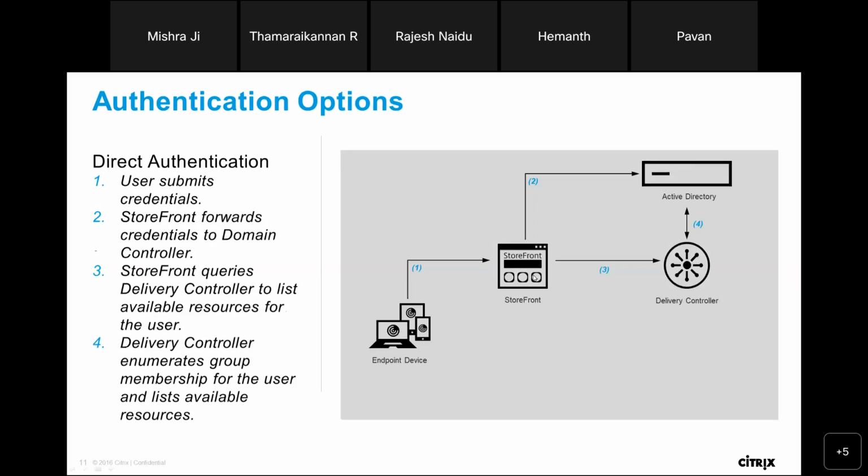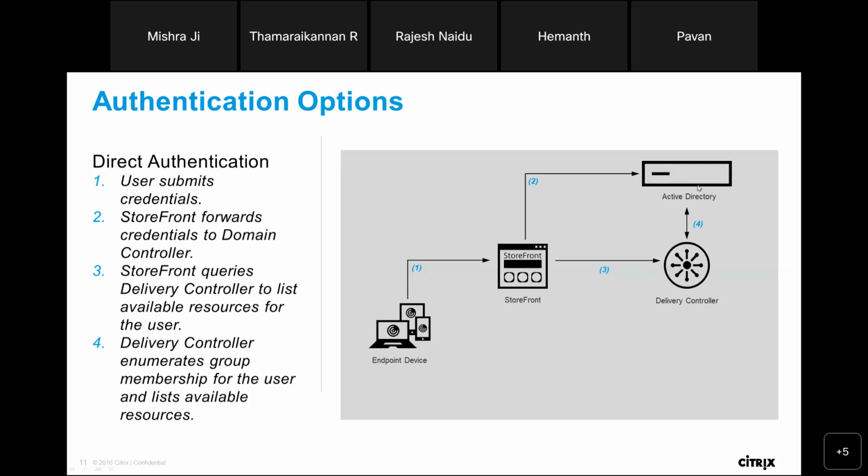Once the user accesses the storefront page, it will be displayed, and the user enters the username and password. The username and password will be sent to Active Directory directly for verifying whether they are correct or not. Once the username and password are validated by Active Directory, the session will get connected to the delivery controller.